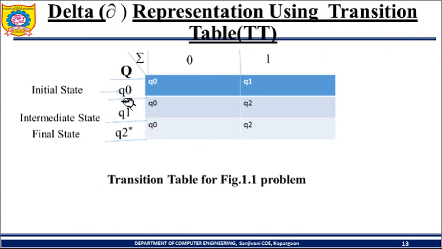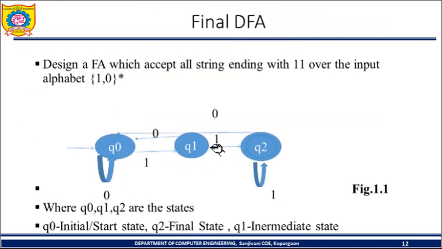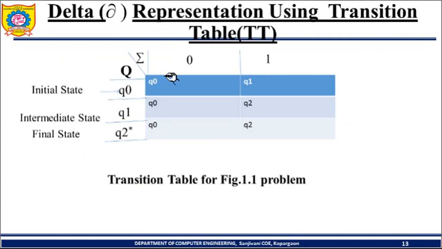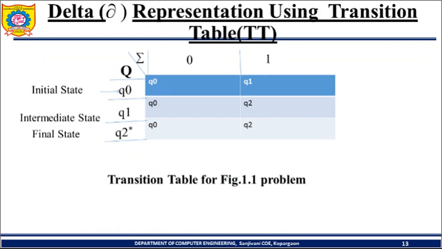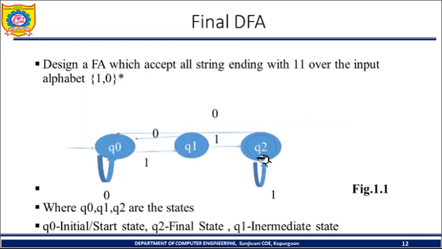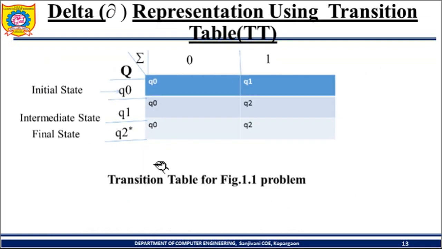Next we check q1. q1 after accepting 0 is in the previous state q0. q1 after accepting 1 is in q2, so we have written q2. Same way, q2 after accepting 0 is in q0, and after accepting 1 in the same state, q2. So we have written q2 on 0, q0, and q2 on 1, q2.